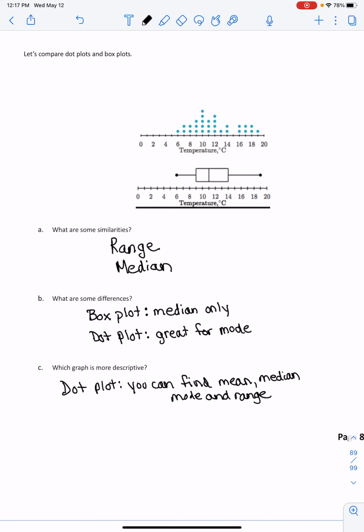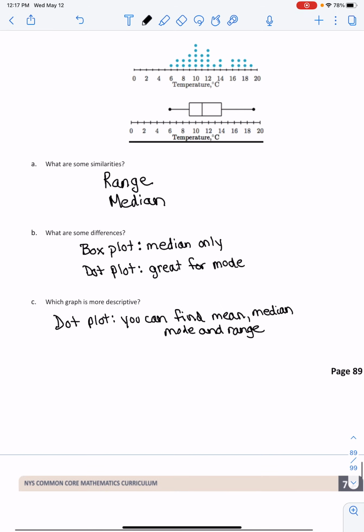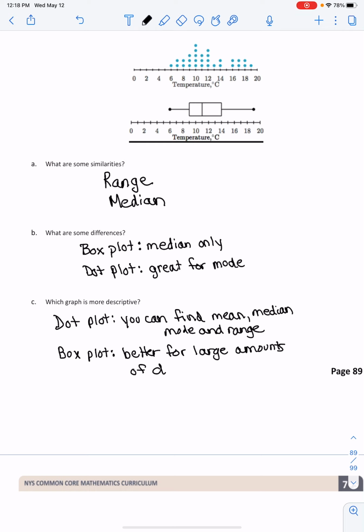Okay. A box plot is better for large amounts of data. All right, next.